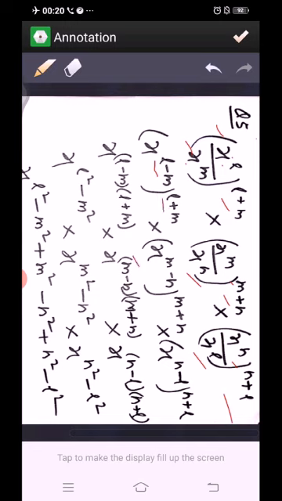Similarly here, x power m minus n, or its power m plus n. Same thing in the third part, x power n minus L into its power, that is n plus L.